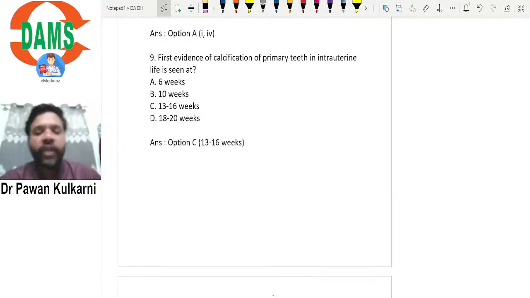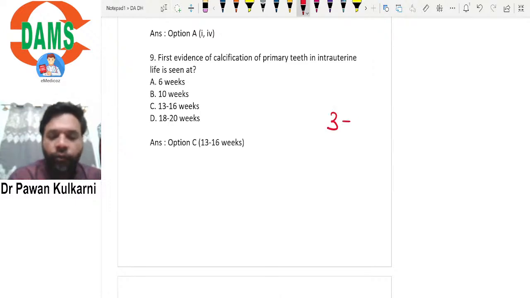First evidence of calcification of primary teeth in intrauterine life is seen at, see, that's what I've told you initially. For single liners, remember the numbers. For primary teeth, the first evidence of calcification is usually at 3 to 4 months of intrauterine life.